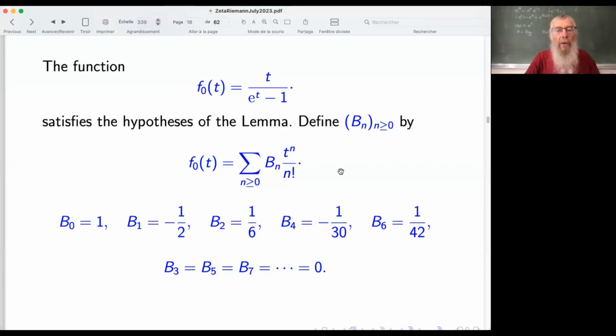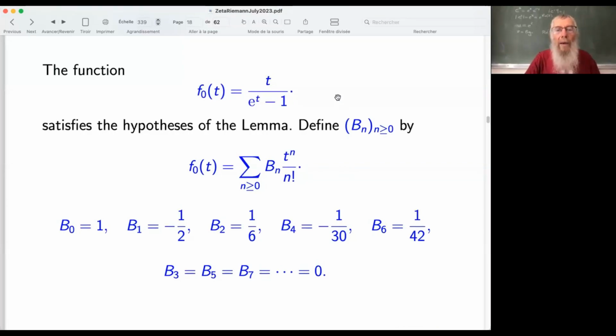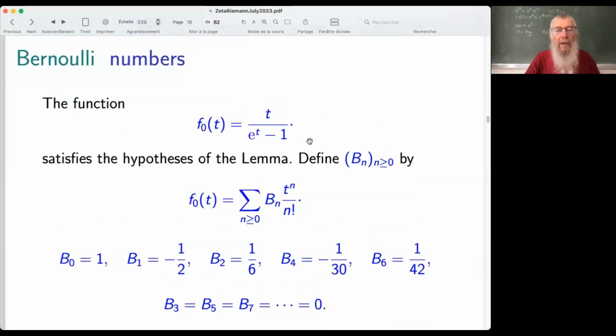This comes from the fact that if you take t over exponential of t minus 1, then add t over 2, this is an even function. So the coefficients of odd index are 0, apart from the first ones, b0, which is 1, and b1. So it starts with 1 and then minus t over 2, then an even function.